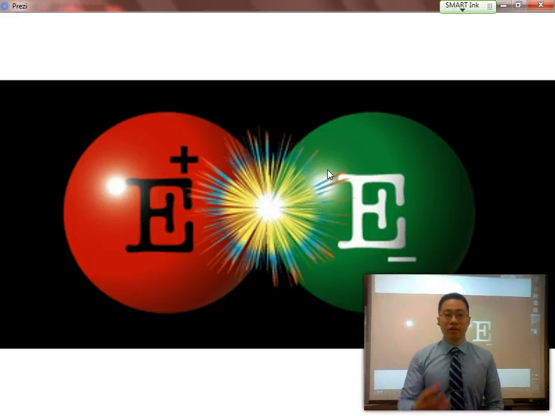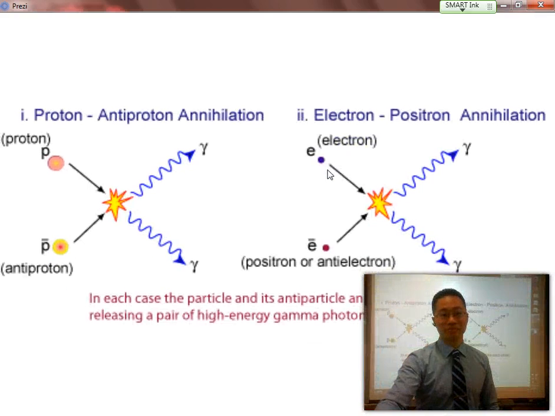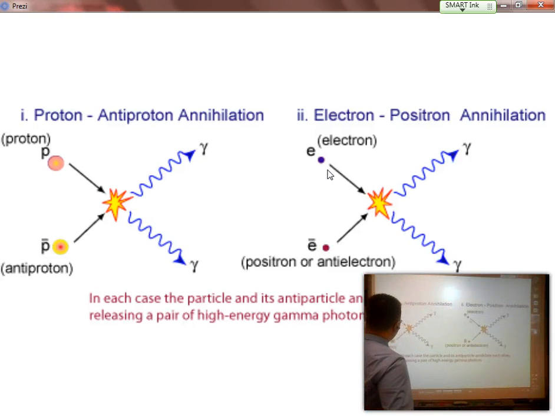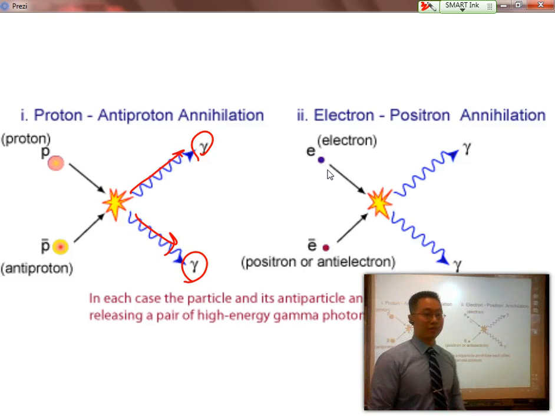Okay, so understand that these particles are very difficult to capture, because anytime they interact with its exact opposite, they blow up. In this case, we just show again our proton and our antiproton annihilating each other and turning into gamma radiation here. Okay, and notice there's always going to be conservation of momentum.